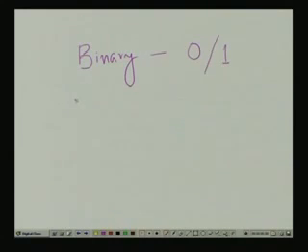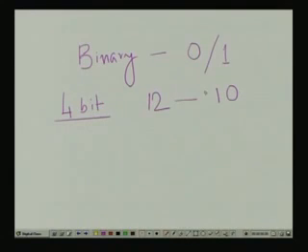Say I am taking some 4 bit numbers. We know that decimal 12 is actually 1 1 0 0, and say decimal 10 is 1 0 1 0.